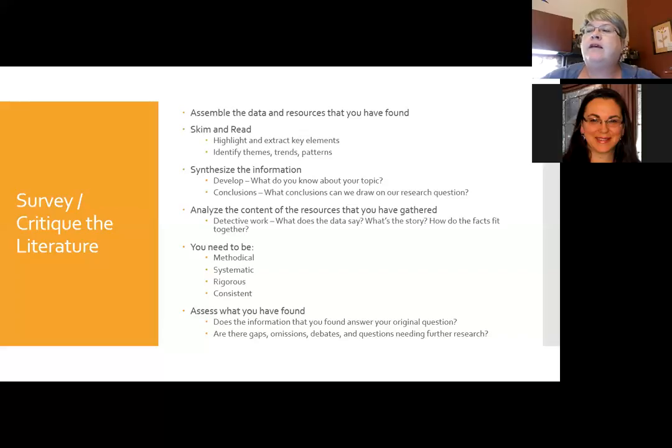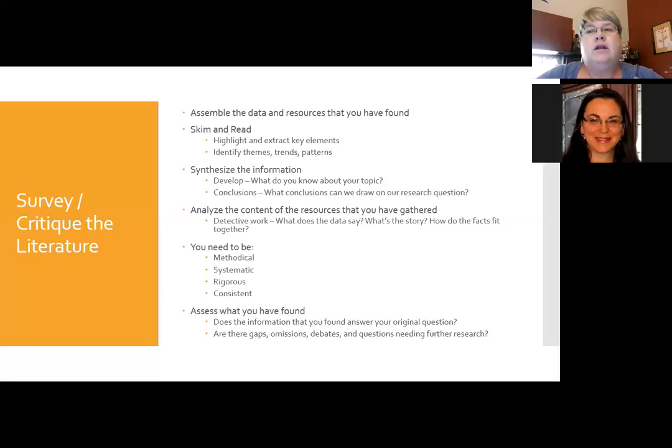And then assess what you have found. Are there gaps? When you're starting to pull things together, are there areas that you feel you should cover but you don't have enough literature on? If that's the case, go back and search specifically for those areas. See if you can find anything more. Continue to look at that: are there questions that you need to find more resources for?